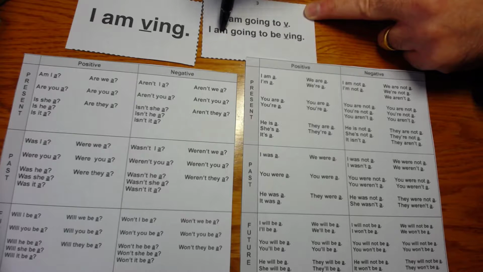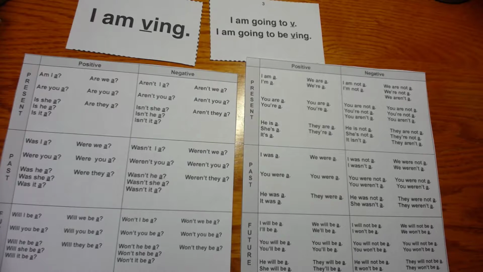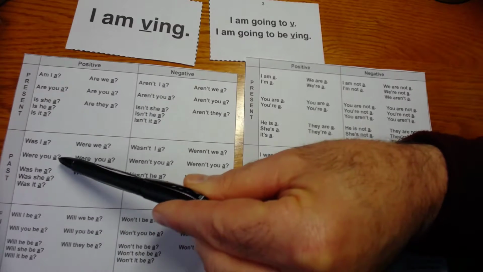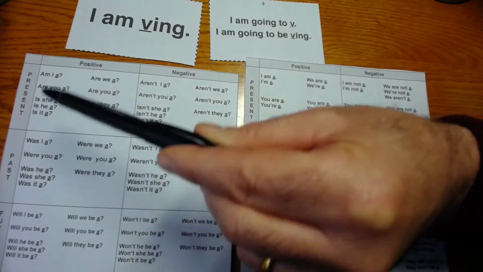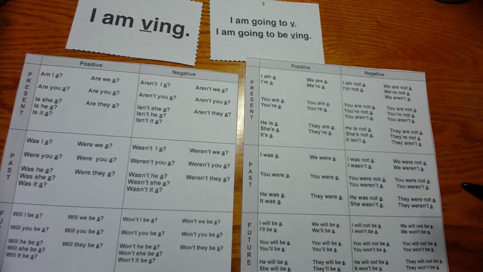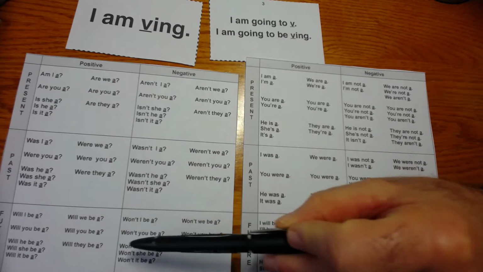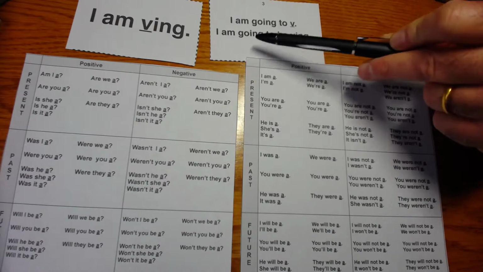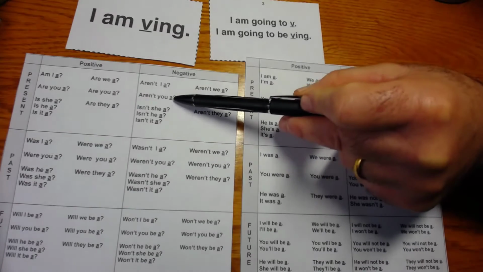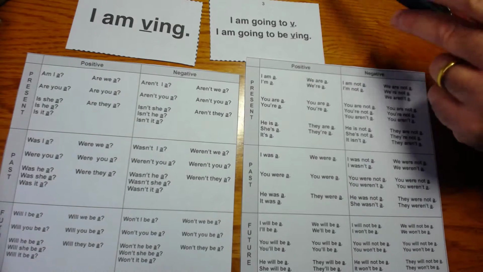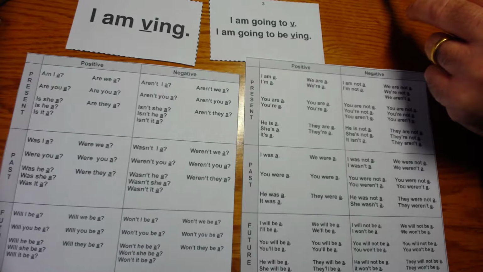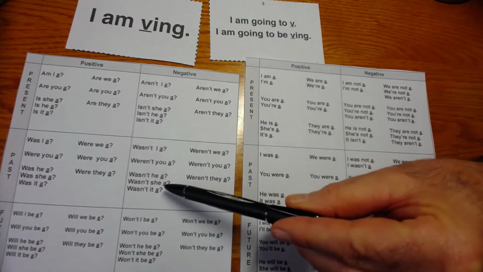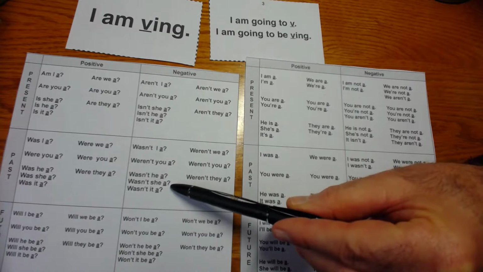Are you going to be going? Were you going to study? The future is not used here because this reflects the future. This is the future, really. Aren't you going to go? Wasn't she going to come?